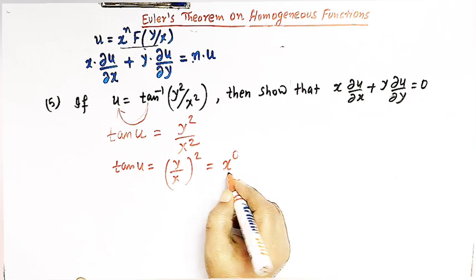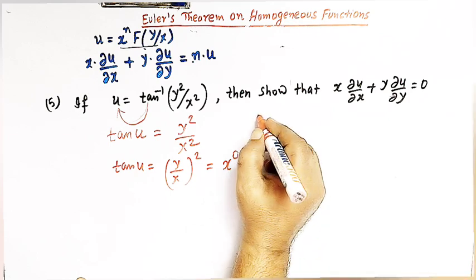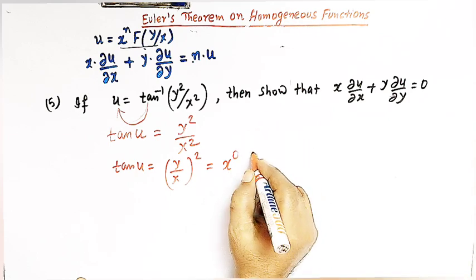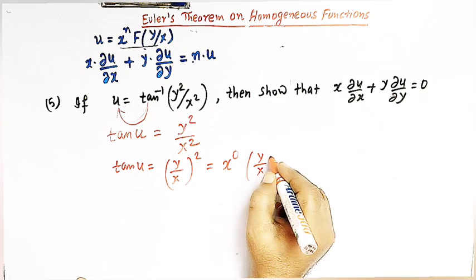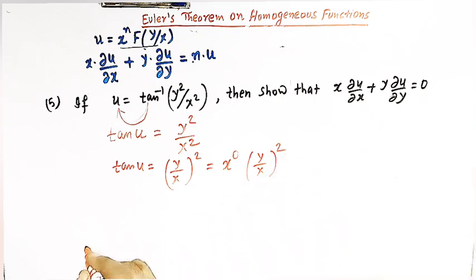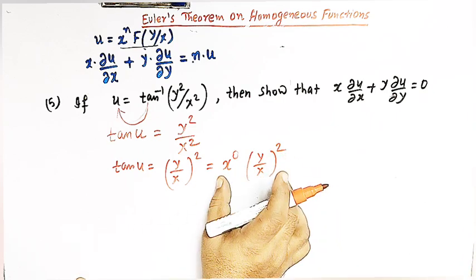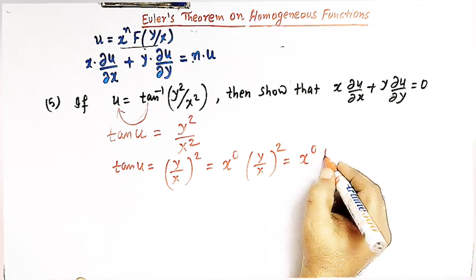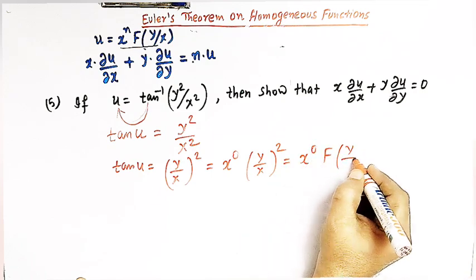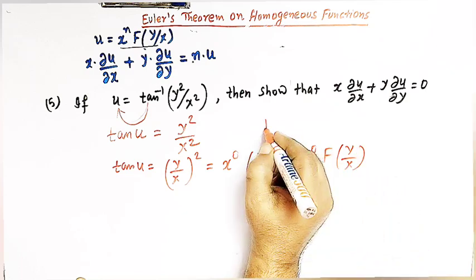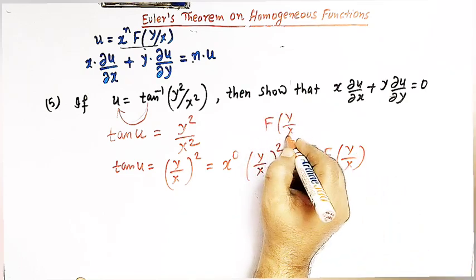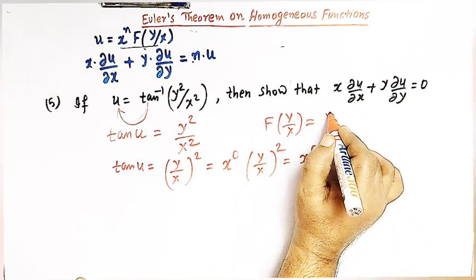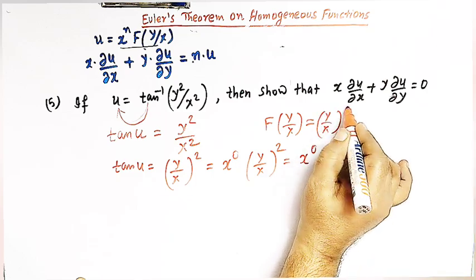This is an important step, x raised to 0, because x raised to 0 is 1, and here we have y over x square, right. And this is of this form, that is x raised to 0 f of y over x, where f of y over x is given by y over x square.